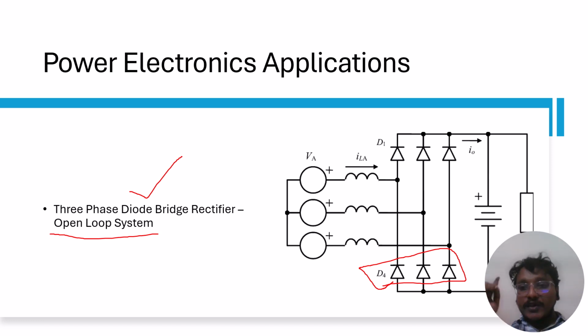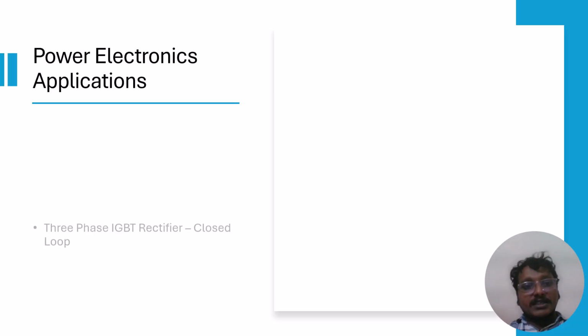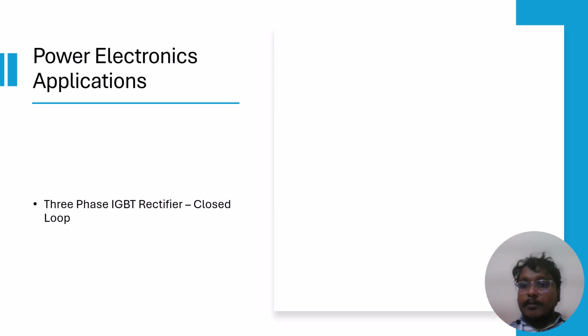Switch means, like a normal switch we have in our home, the power electronics also has a switch which can be controlled by the control system through on and off signals. So now we will see the closed loop control system, and I am taking the example of a three-phase IGBT rectifier, the best example for closed loop operation.